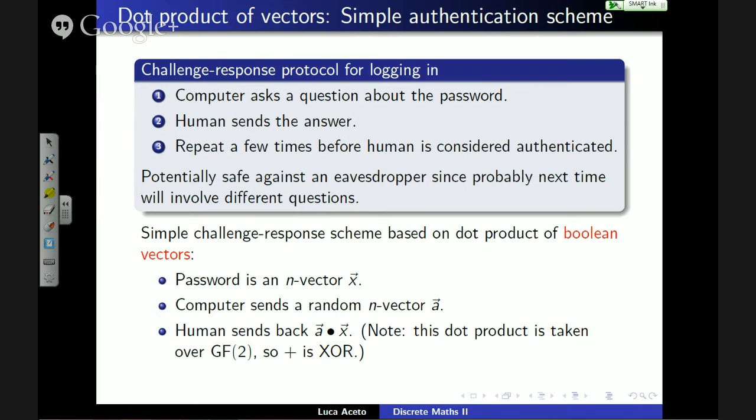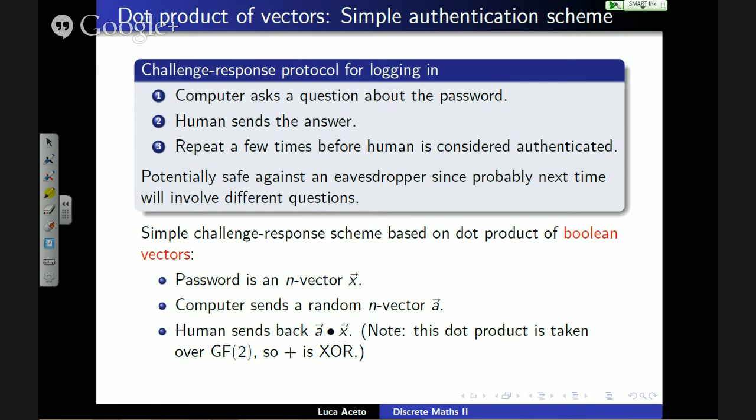Well, here's a different scheme for logging in to your favorite website. Of course you have a password, which the website knows about. But the website doesn't just ask you to type your password, and if you get it right, you're in. The website starts a challenge response protocol for logging in.